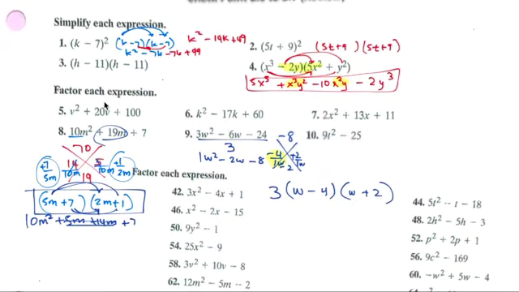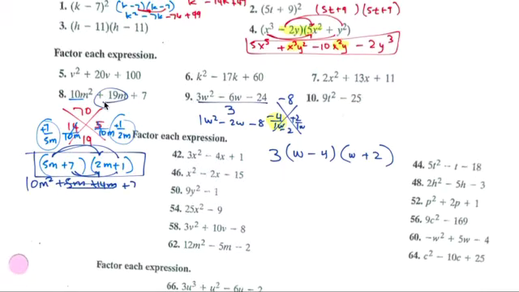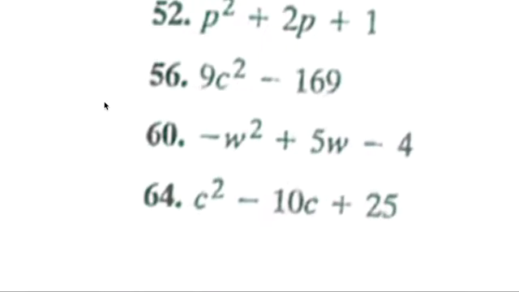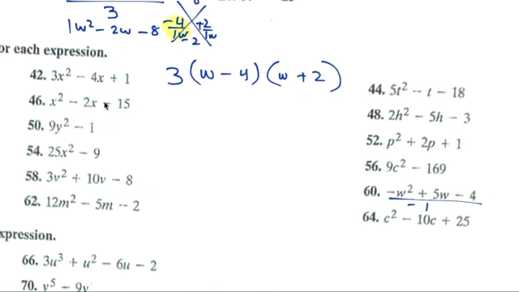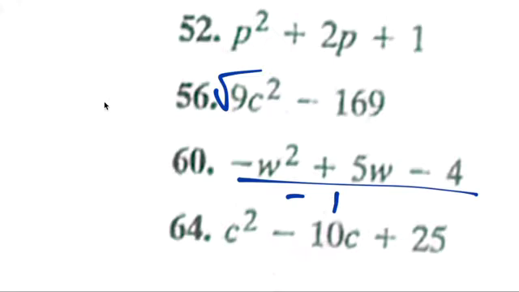Okay, what other things? Oh yes, 60, you need to divide all by a -1 first before you factor. And you need to notice that these are perfect squares.